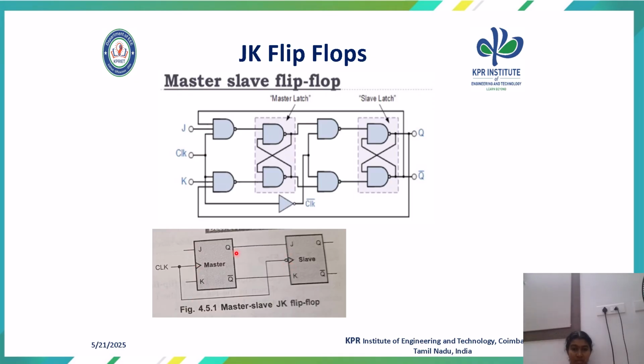Then one more difference is the output of the master flip-flop is given as input to the slave flip-flop. So once the master is triggered, after we get the output, the slave will be triggered. So this slave will obey the master flip-flop. So that's why it is called master-slave configuration.